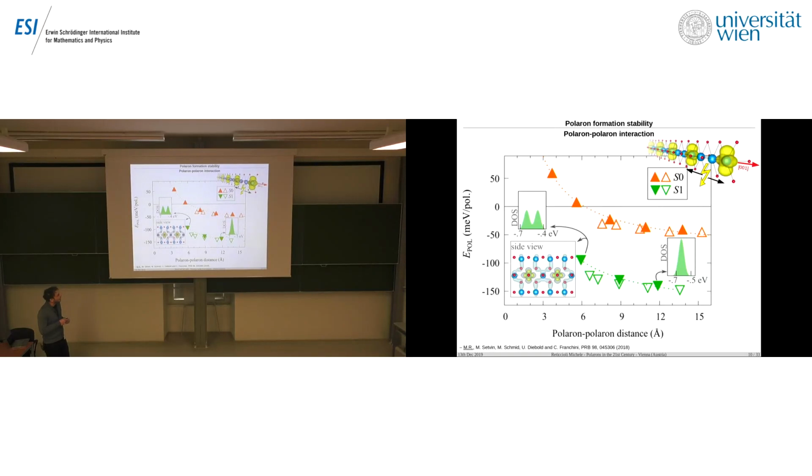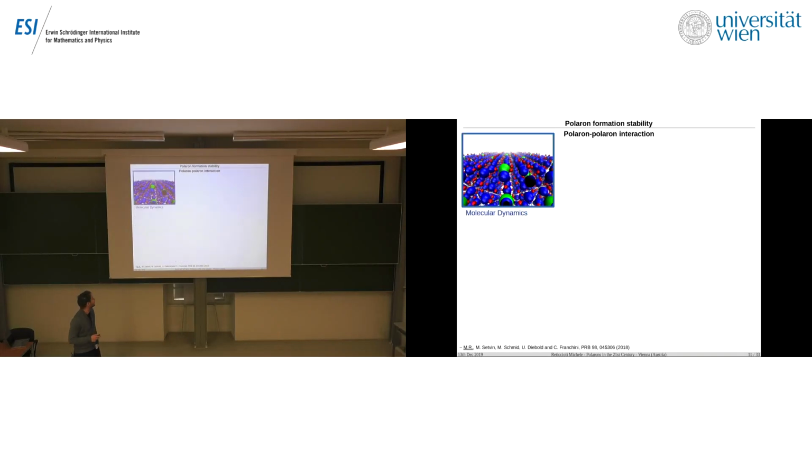Actually, if you put an oxygen vacancy on top, you can, but I'm not going to discuss this now. So we performed molecular dynamics on this system, which confirmed our expectations based on these calculations on the energetics of the polarons.